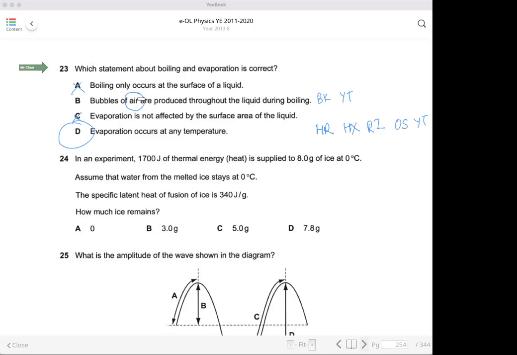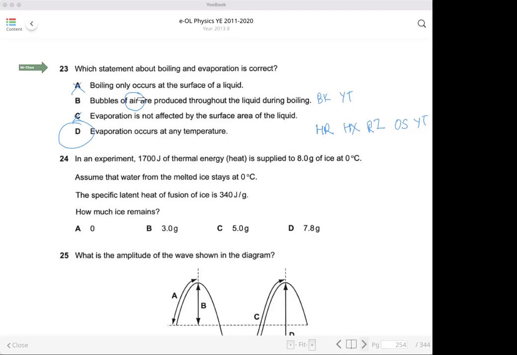Okay, let's do question 24. Ray, can you share your question with everybody? Ray says that the bubble rises from the bottom to the top and not the whole liquid.